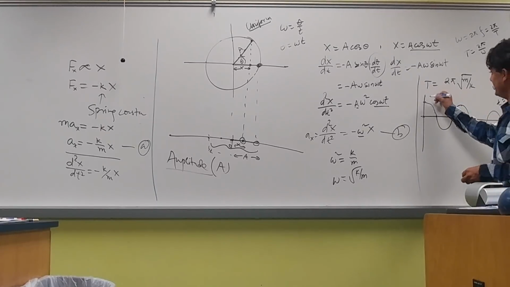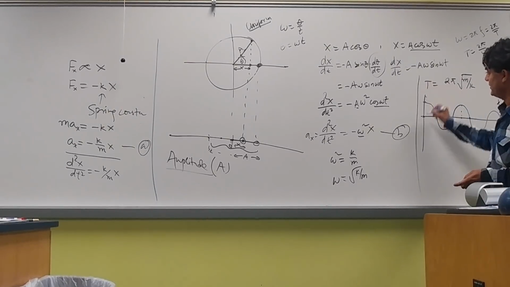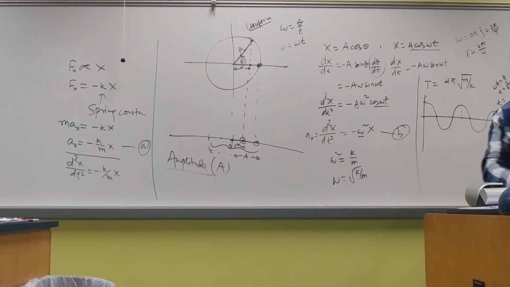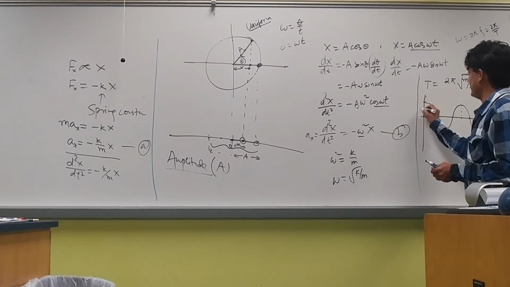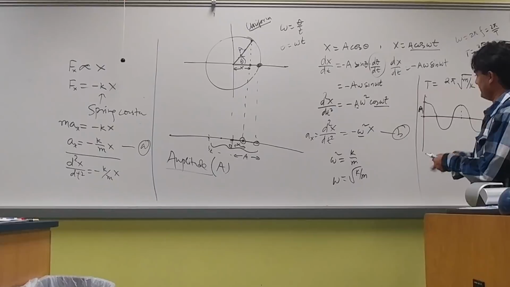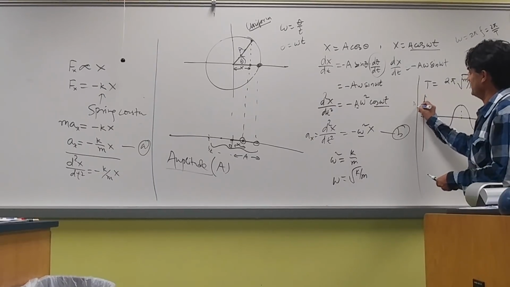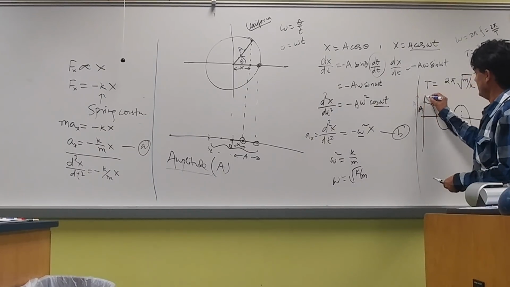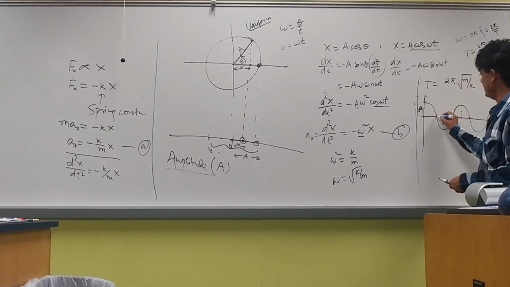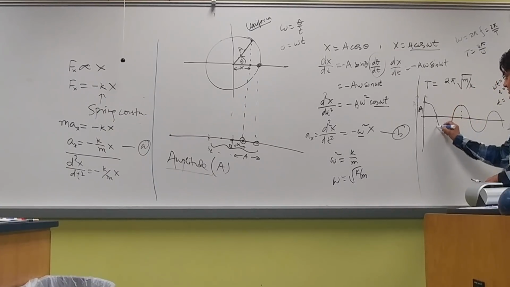So basically, if you have different amplitude, let's say this is your A1, and if you have A2, a different amplitude, then this will go here, because the time period will not change. This will increase up to minus A, but it goes here.